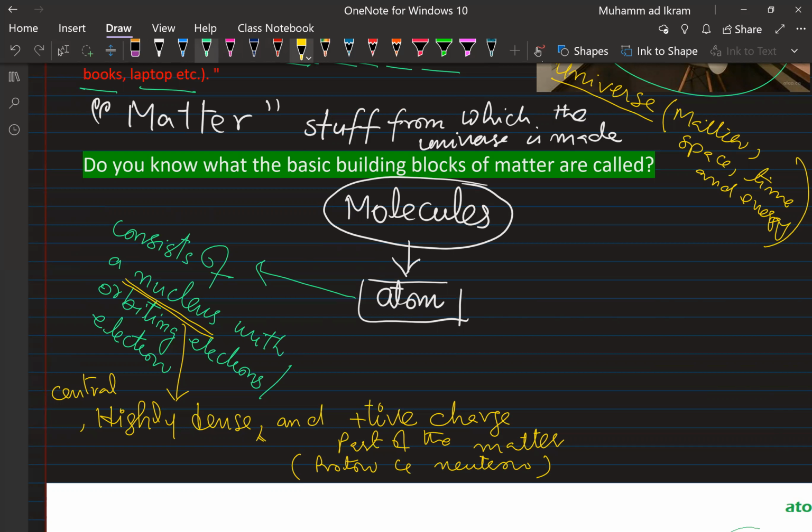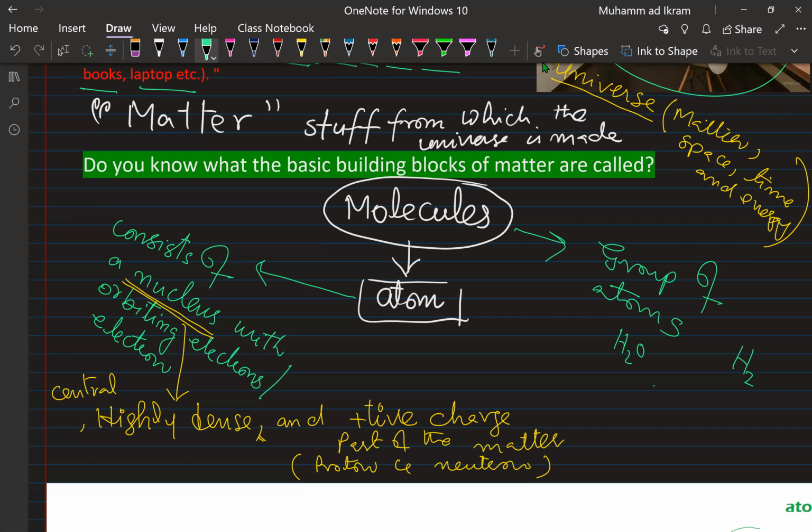And molecule, to be very simple, is in fact a group of atoms. The group of atoms is called a molecule, which may or may not be similar. For example, similar in case of H2 and non-similar in case of H2O.